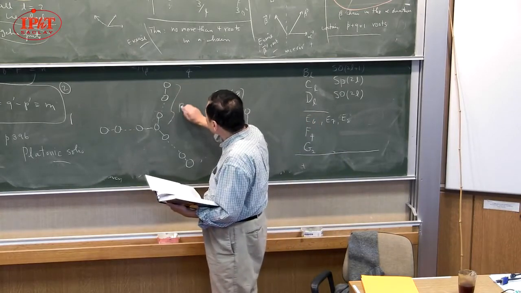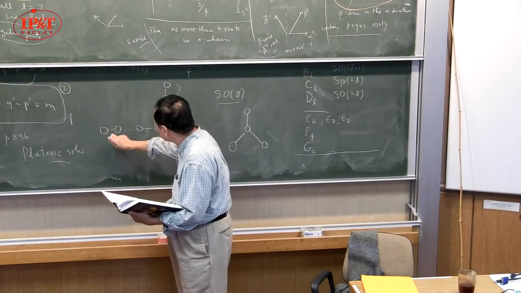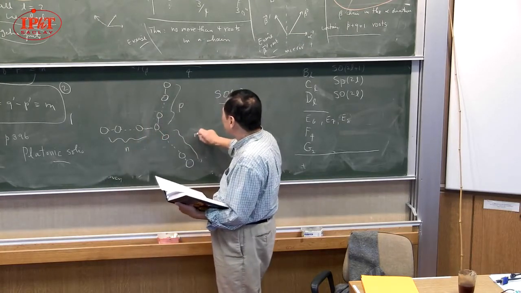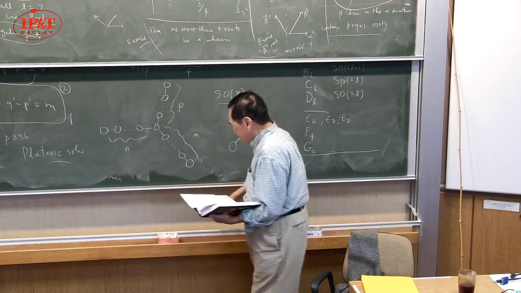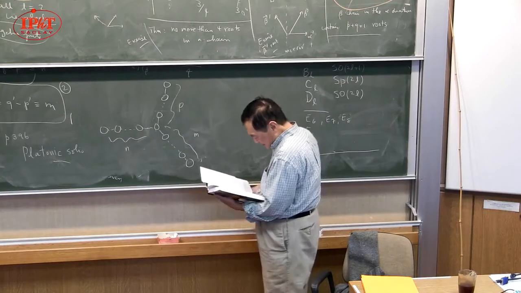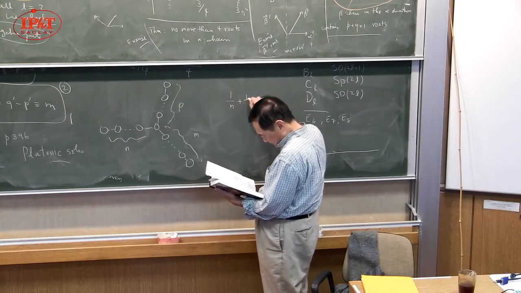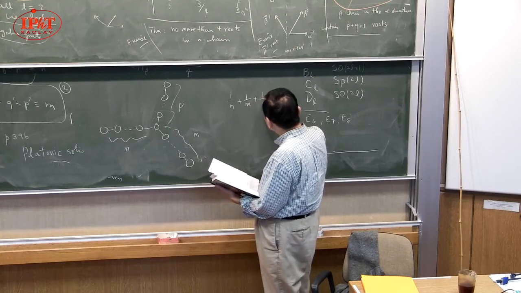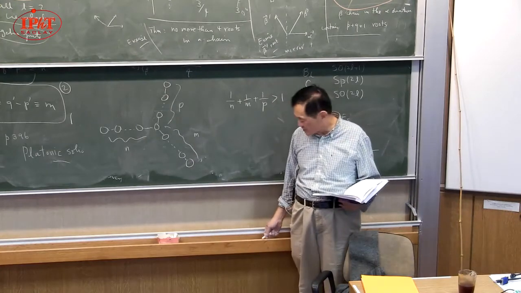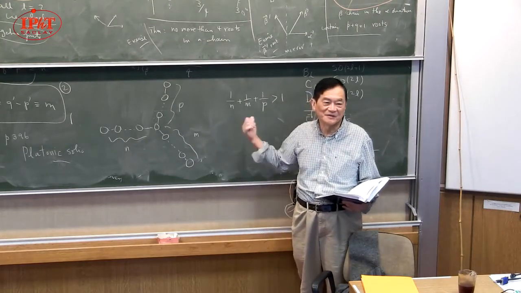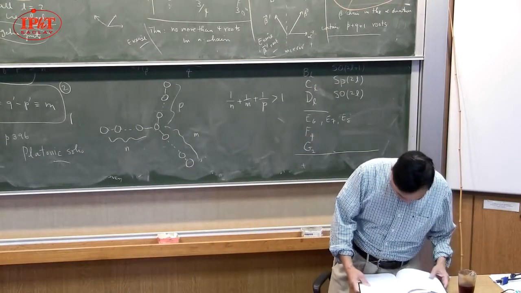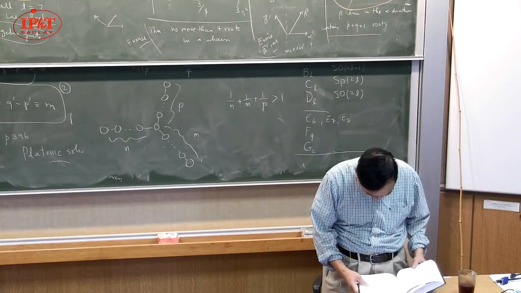If this is P circles, and I haven't even explained what the circles mean, they represent the simple roots, and this is M things. Then Dynkin discovered that this must satisfy this equation. Pretty amazing, huh? Anybody with a French education would know it's a Platonic solid, but nobody in the US would know, as far as I know. I certainly did not know this was a Platonic solid.